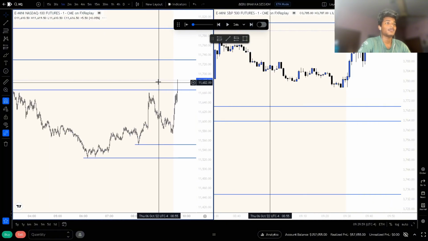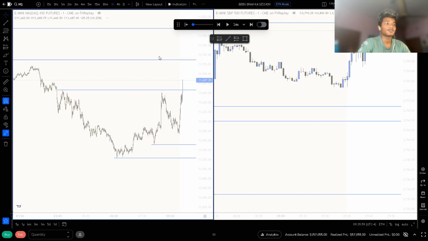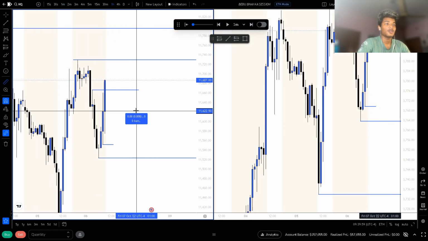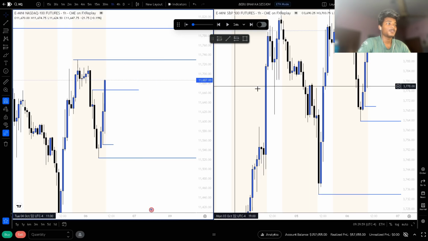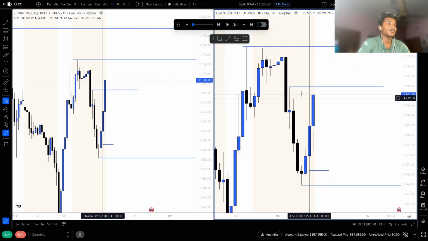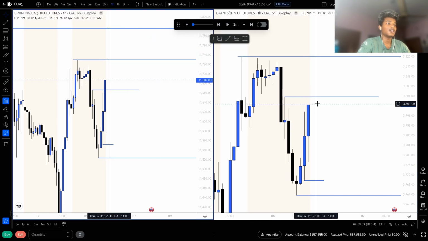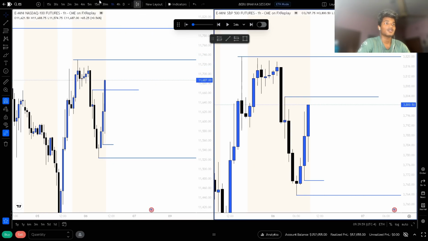Yes. So market tapped the hourly gap as well. And if we get a very nice rejection from here now, I will actually take shorts. So NQ may sweep this high as well, and I want ES to just sweep this.